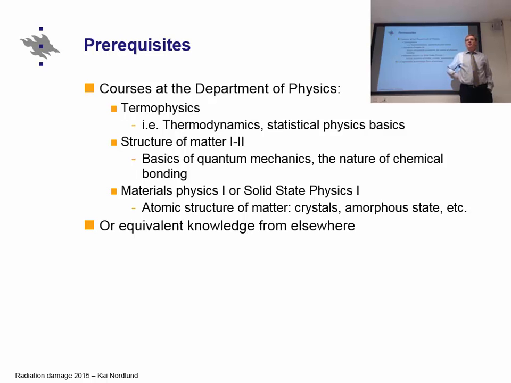We don't go very deep into quantum mechanics, but we assume that people understand the basic quantum mechanical nature of materials, and similarly the basics of chemistry. And also, very importantly, we assume people have basic knowledge of materials physics, that is atomic structure of matter, crystals, the amorphous state, and so on.